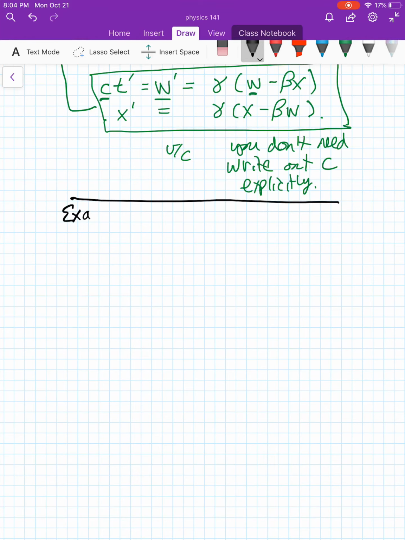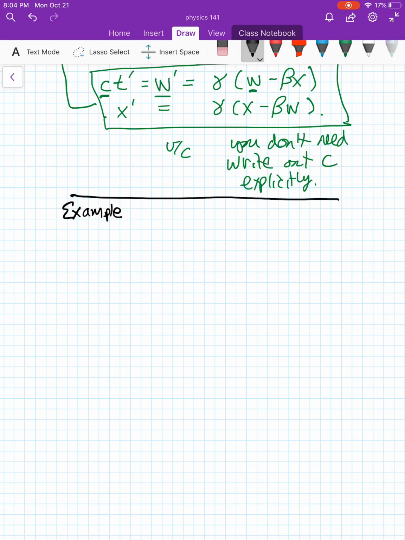We'll do this algebraically first. Let's suppose that the primed frame is moving at a speed of 4/5 the speed of light. That is, v over c is equal to beta is equal to 4/5, or 80% the speed of light. Now let's further suppose that we have two events in the unprimed frame.